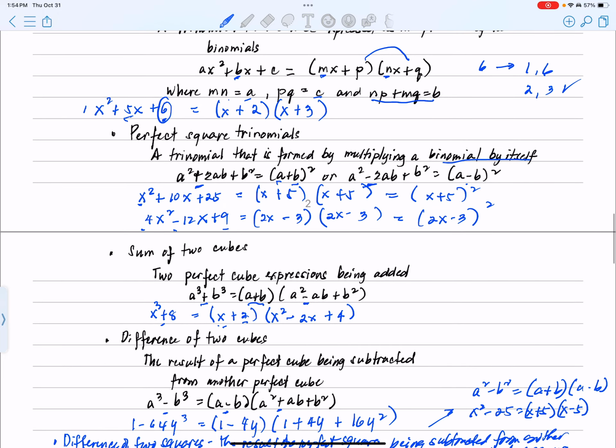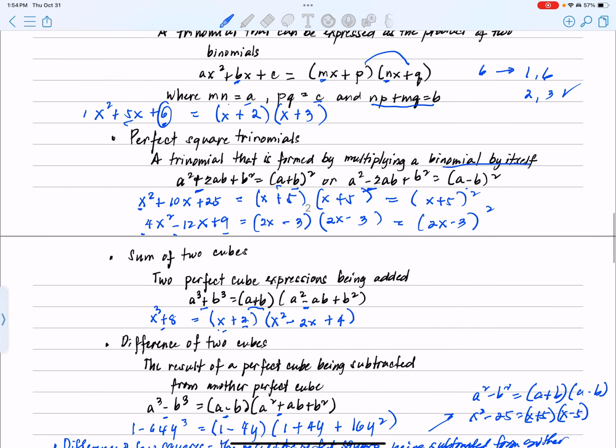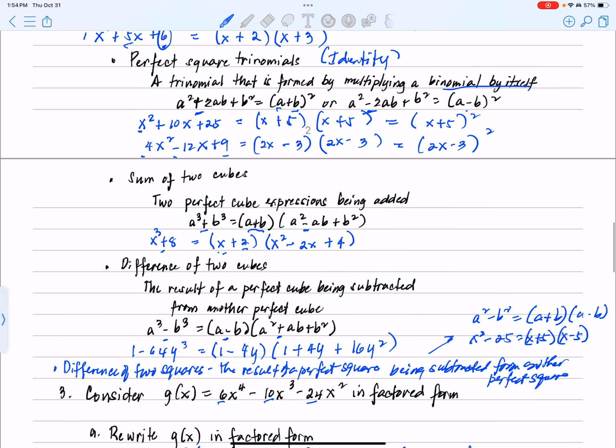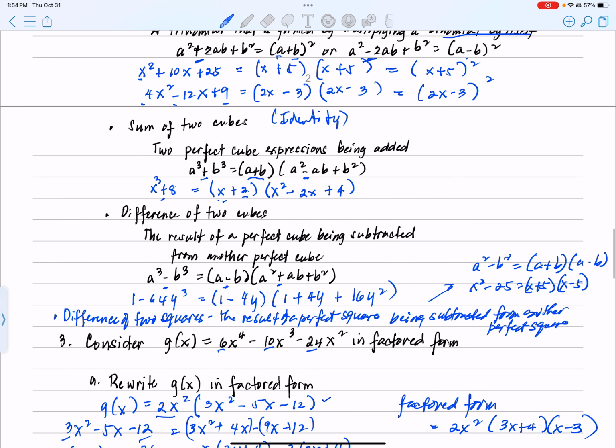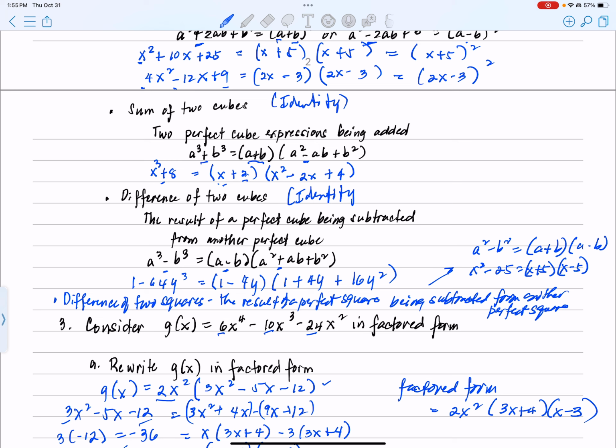The perfect square trinomial, you can have that identity, and sum of two cubes, difference of two cubes, sum and difference of two squares.